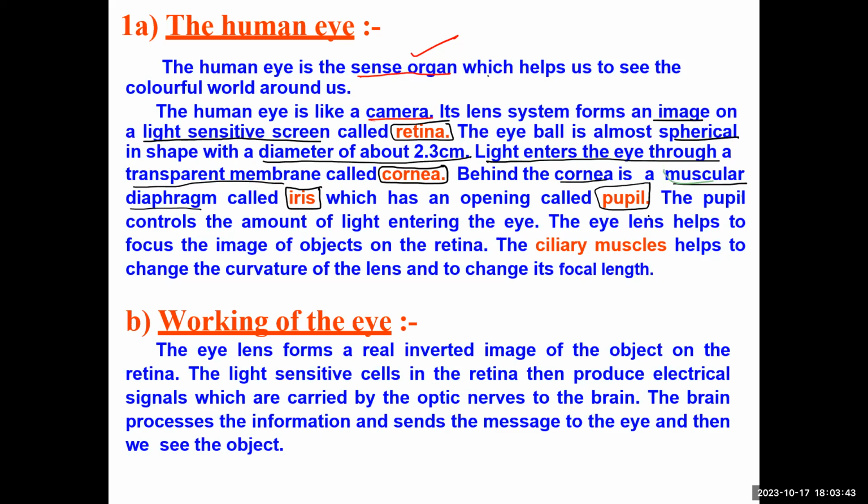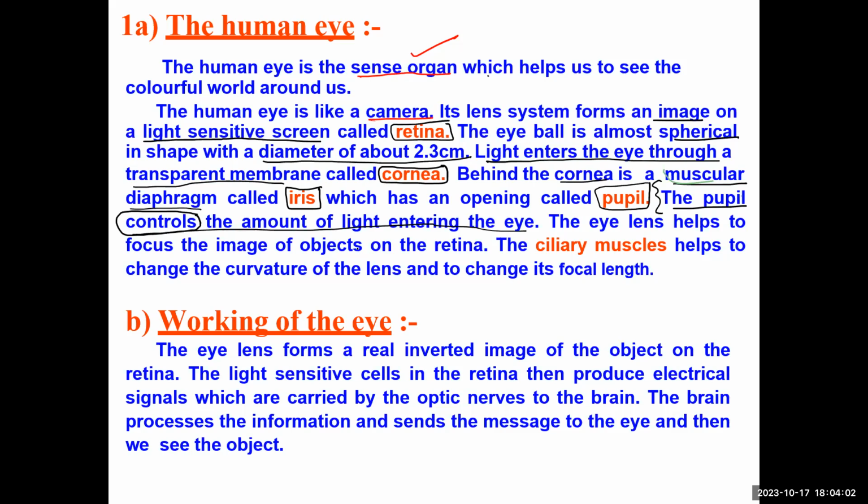And what is this pupil? What does a pupil do? The main functionality of the pupil is that it controls the amount of light entering the eye. It is mainly used for controlling the amount of light which is entering the eye.